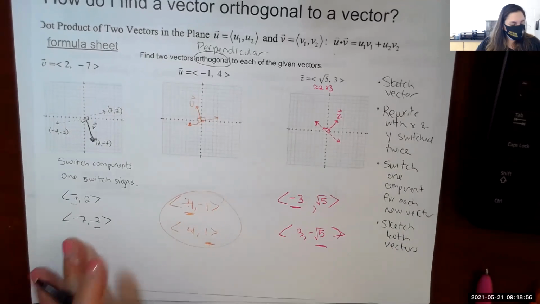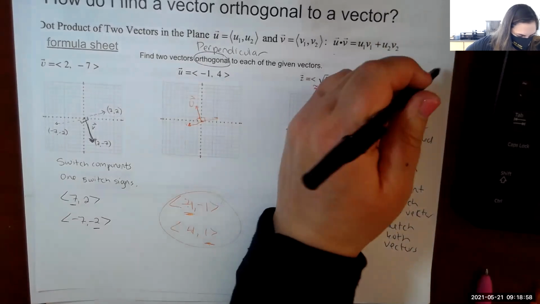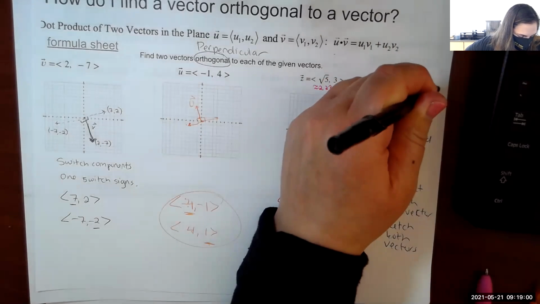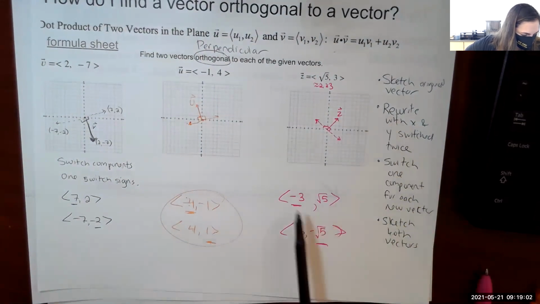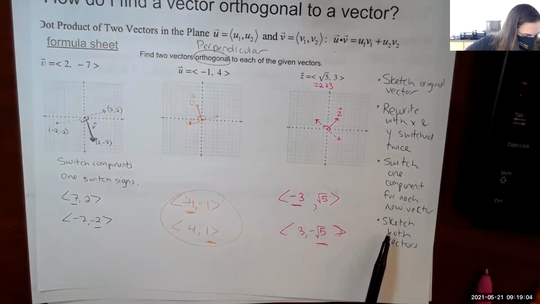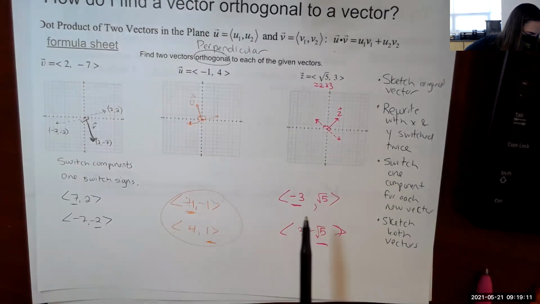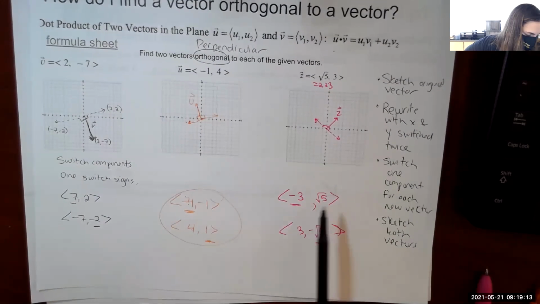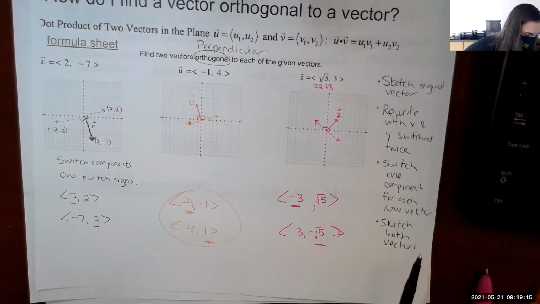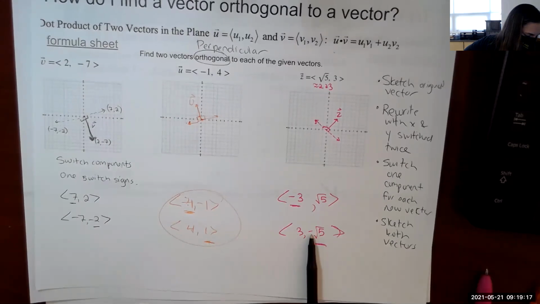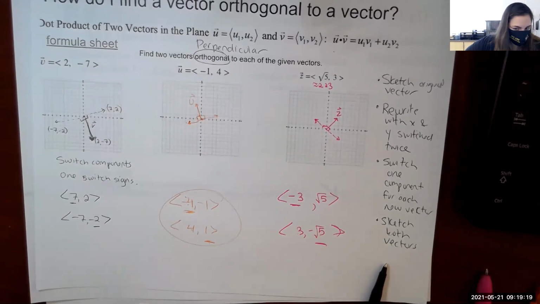Right, so these are some good steps to follow. So for example, for this one, Z, √5, 3, I switched, right? So now I have 3, √5 and I changed the sign of the X component. Then I switched again and I changed the sign of the Y component. Okay.